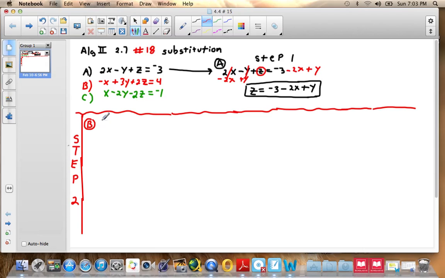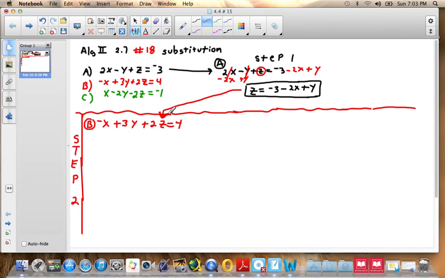All right, so using equation B, I have -x plus 3y plus 2z equals 4. And I have said that z is -3 minus 2x plus y.